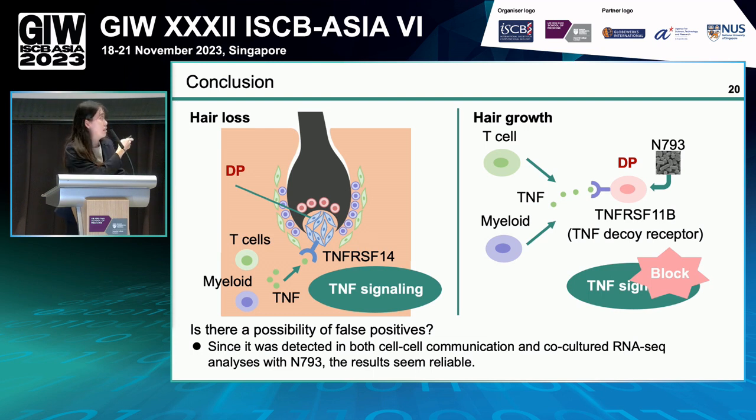On the other hand, in the hair growth state, TNF produced from T cells and myeloids is received by DP-expressed TNFRSF11B. TNFRSF11B is a TNF decoy receptor and is thought to inhibit TNF signaling. Since it was detected in both cell-cell communication and co-cultured RNA-seq analysis with N793, the results seem reliable.